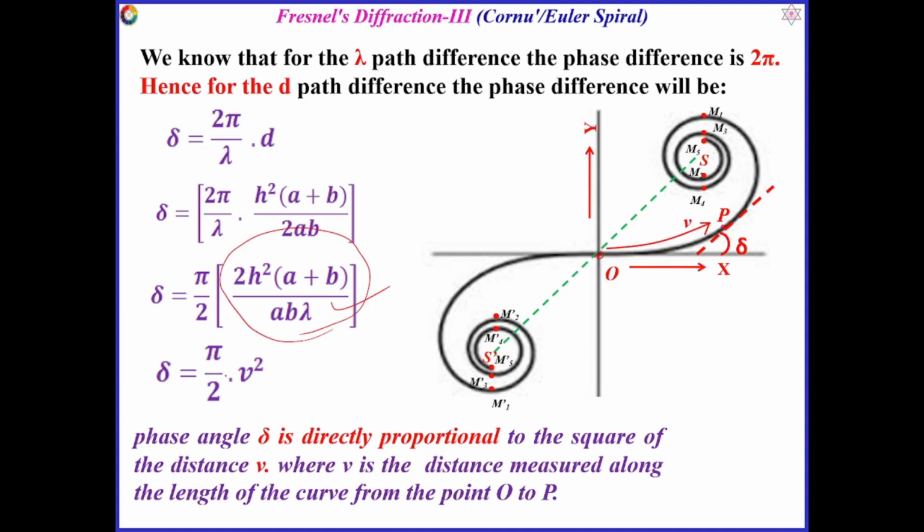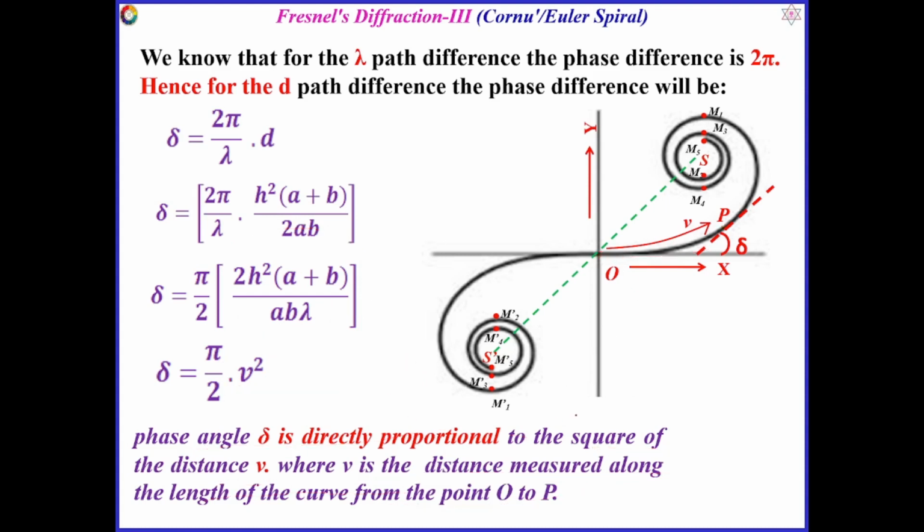So here I wrote pi by 2 into v square. So here we found the phase angle delta is directly proportional to the square of the distance v, where v is the distance measured along the length of the curve from O to P.